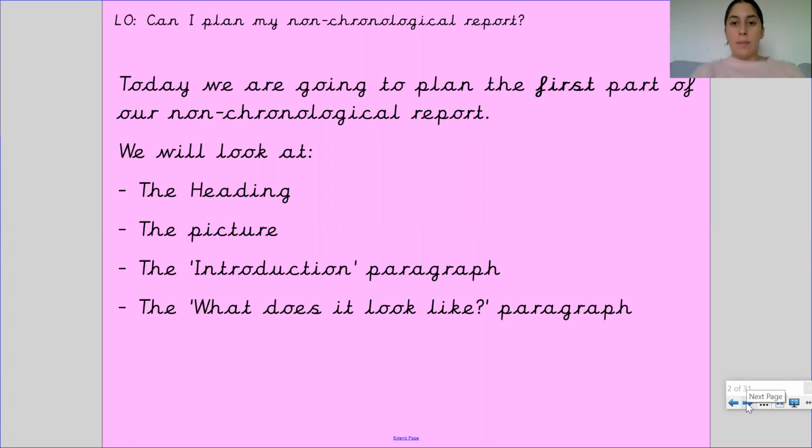So we want to do our best to include everything that we have learned so far in our English lessons, including using subordinate clauses, using relative clauses, including all the things that we have also previously learned, like descriptive language. We want to put all of our knowledge together and make a great plan for these sections.